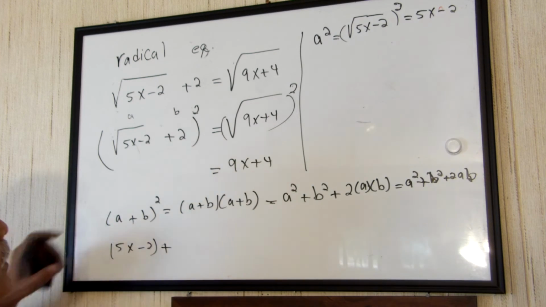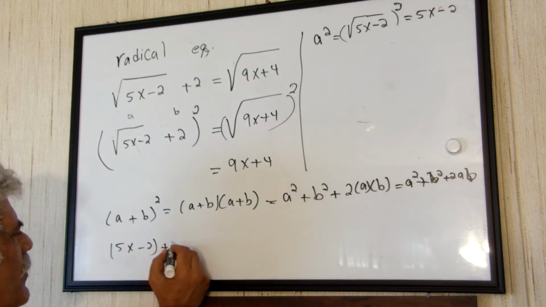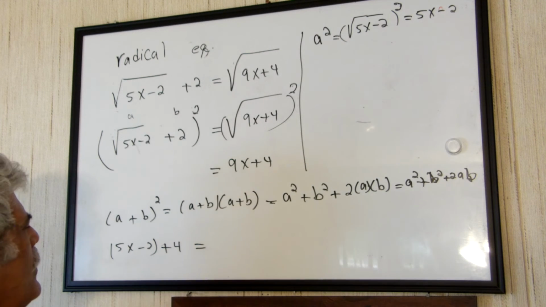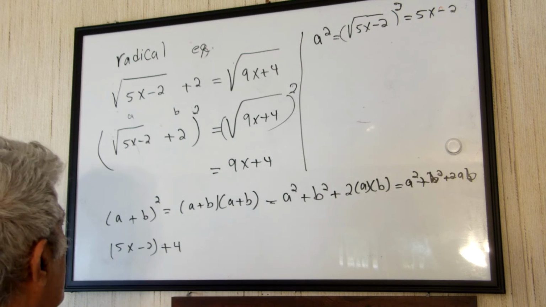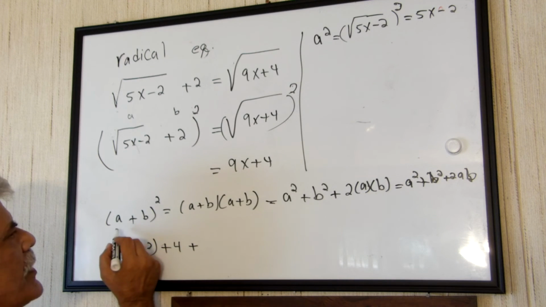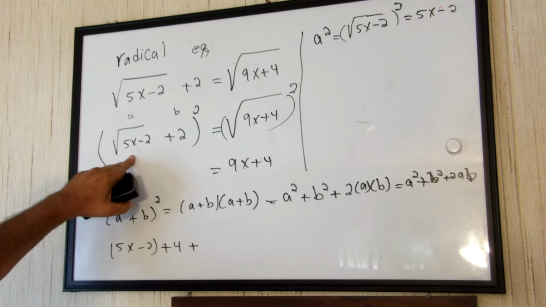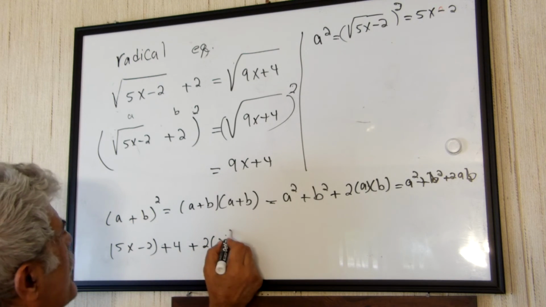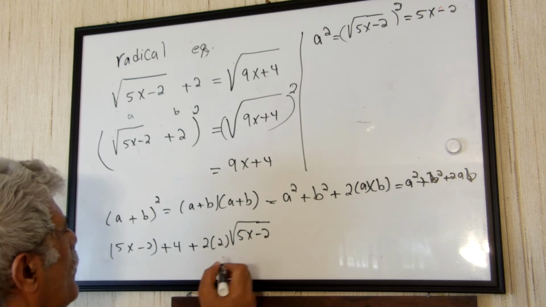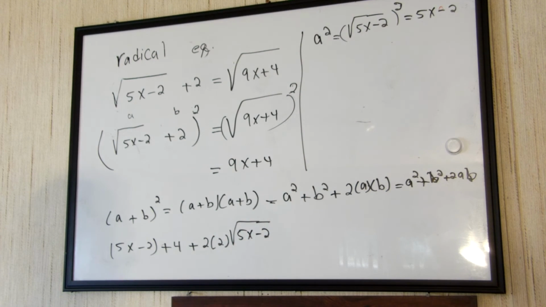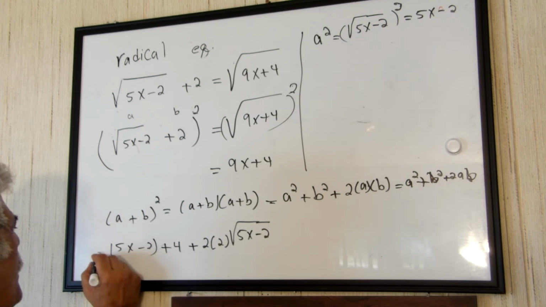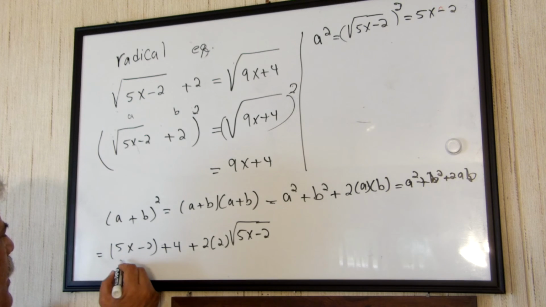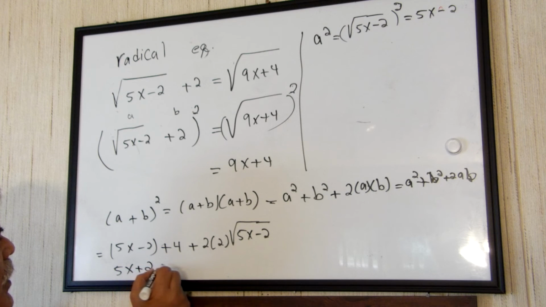And then plus b squared, b to the power of 2 is going to be 4, plus 2 times the first item times the second item, which is 2 times radical 5x minus 2. So it is plus 4 radical 5x minus 2.